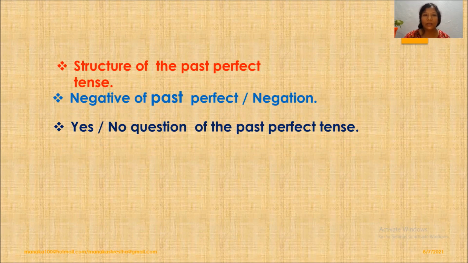In the previous class, you learned the formation of the past perfect tense. That means how to form a sentence of the past perfect tense, and how to make the negative of the past perfect tense, that is negation, and how to form short answer questions.